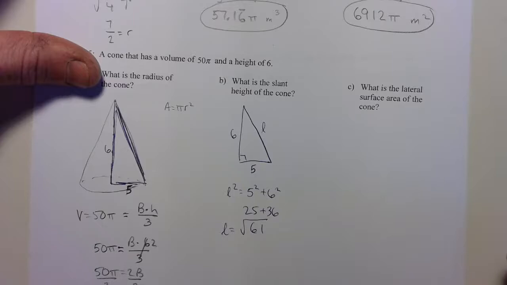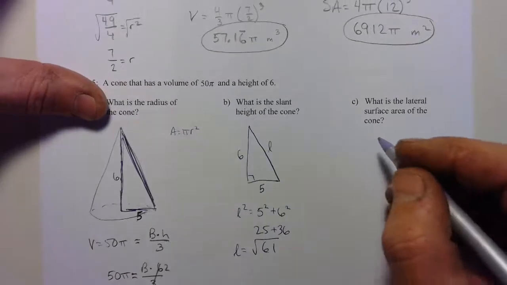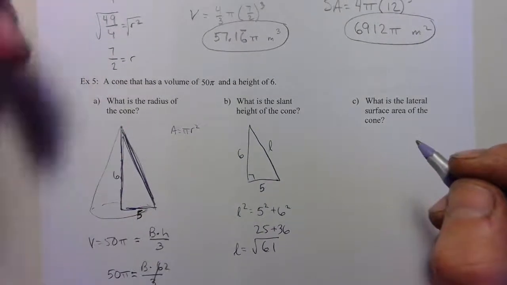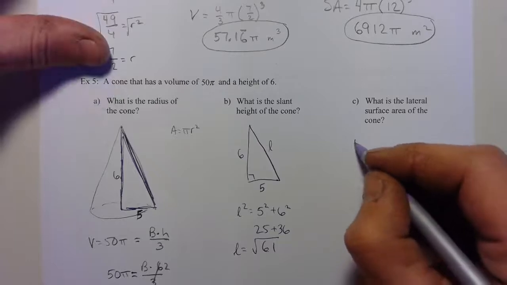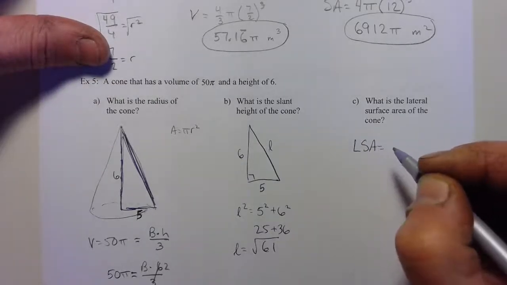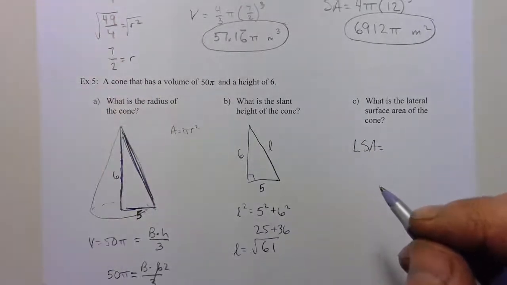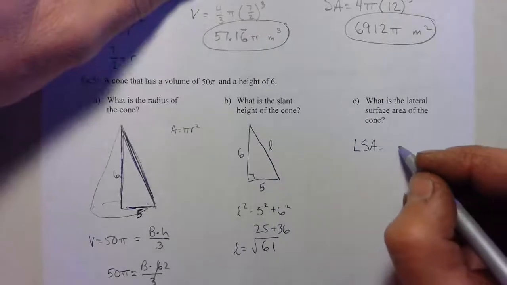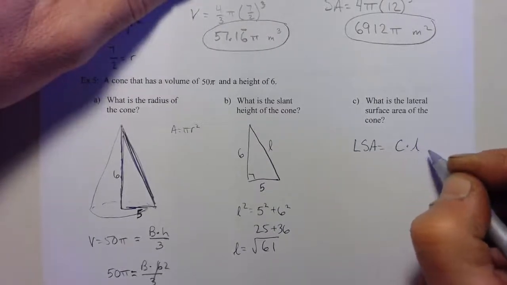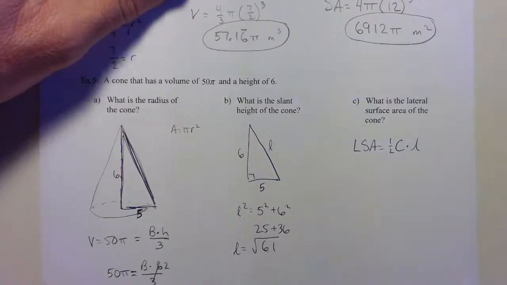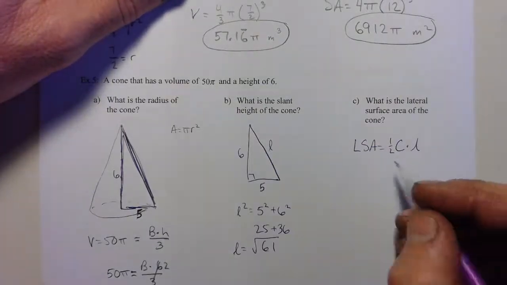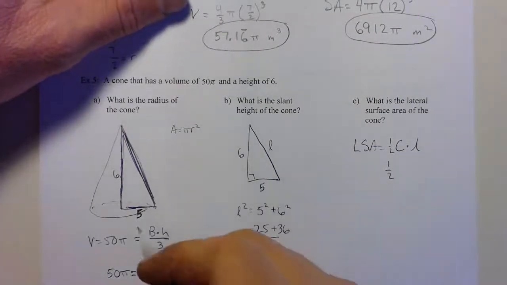What's the lateral surface area of this cone? Okay, so we look back and we find our lateral surface area. LSA of a cone. Remember, if I unroll it, it looks like a big triangle. That's just going to be the circumference times the slant height and half of that. So 1/2 the circumference of the circle.